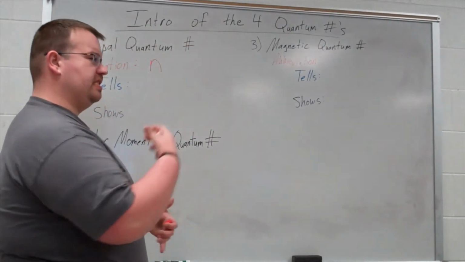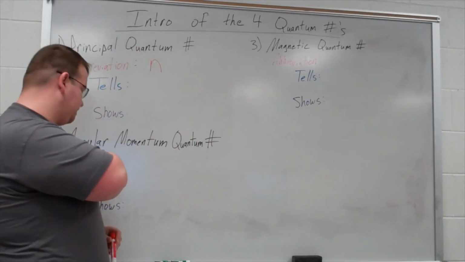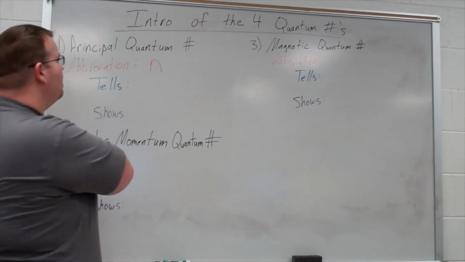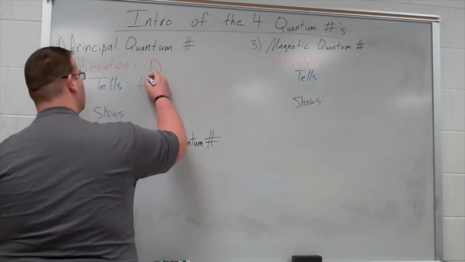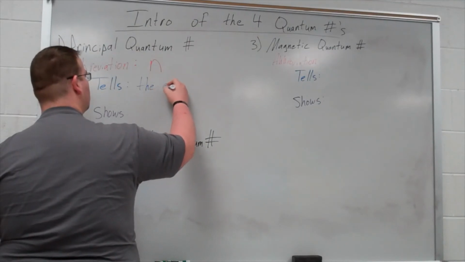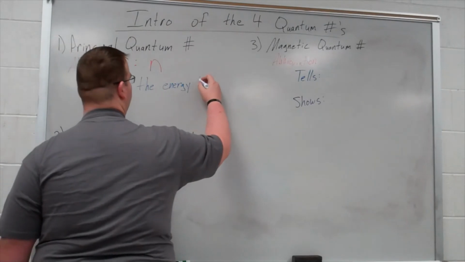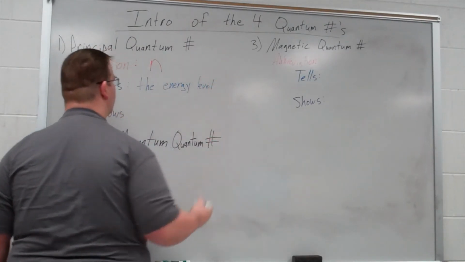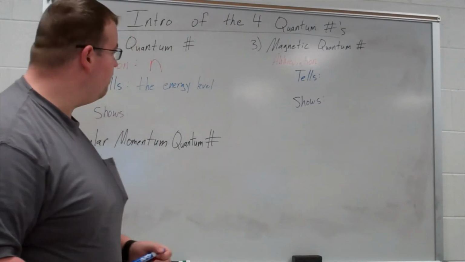That's preceding a little of what it will tell us. So n will tell us the energy level. The principal quantum number will tell us the energy level we're looking at.